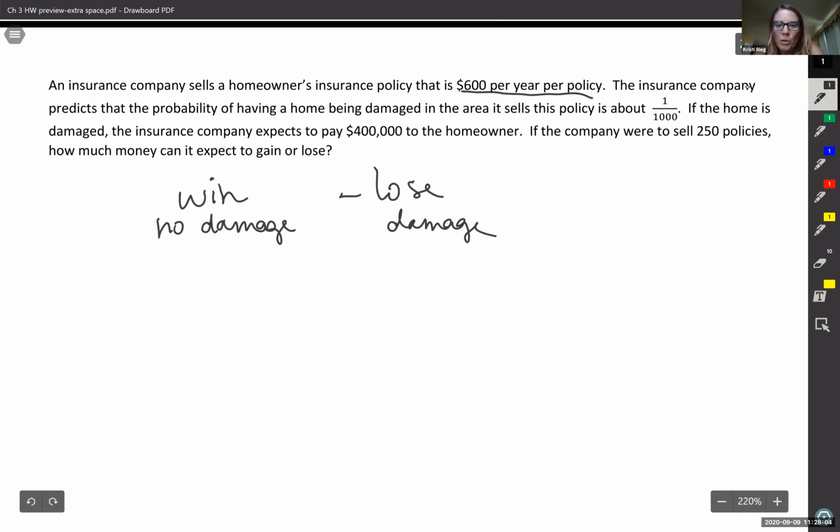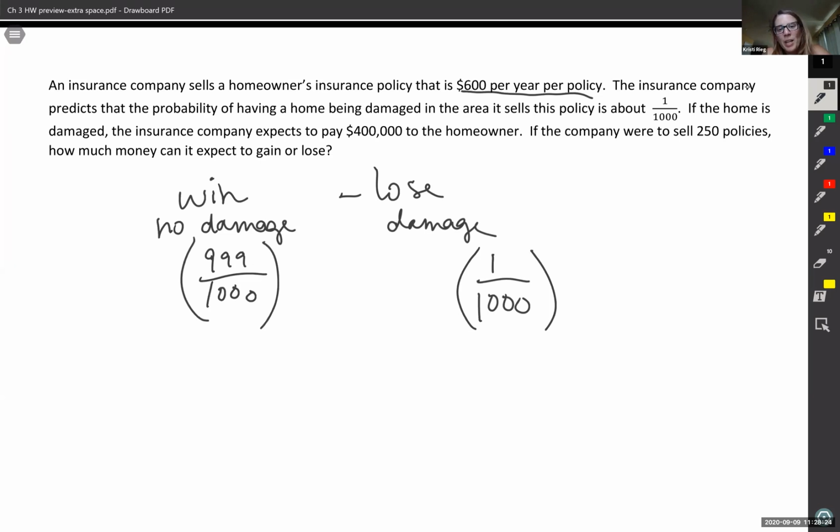It says the probability of having a home damaged is about 1 out of 1,000. So if 1 out of 1,000 times it's damaged, that means 999 out of 1,000 times there's no damage, because together that makes 1.